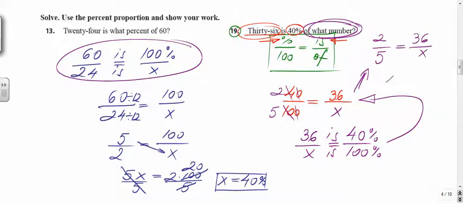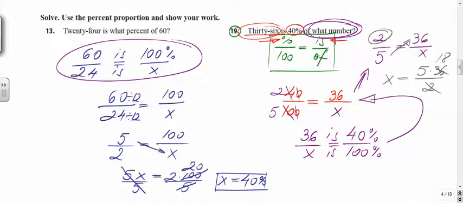And your x will be the product of the other diagonal, 5 times 36, divided by the number that's on the same diagonal with your x, divided by 2. Now we can simplify it here because 2 goes in 36 18 times, right?